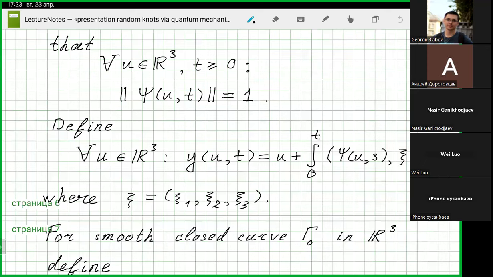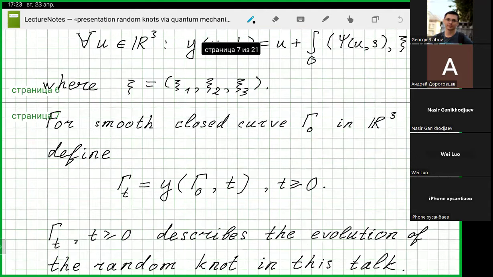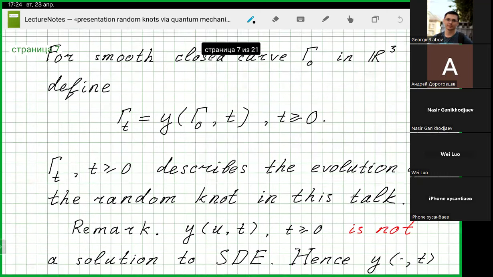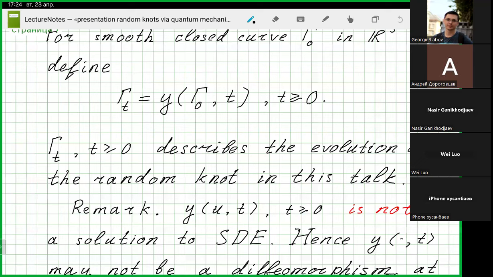So now let us define, for a smooth closed curve gamma 0 in R3, its image under this mapping Y. This is gamma(0,t). And gamma t describes the evolution of the random knot in this talk. So this is the model of the evolution. Of course, all properties which we want from this model are hidden in the choice of the functions psi.